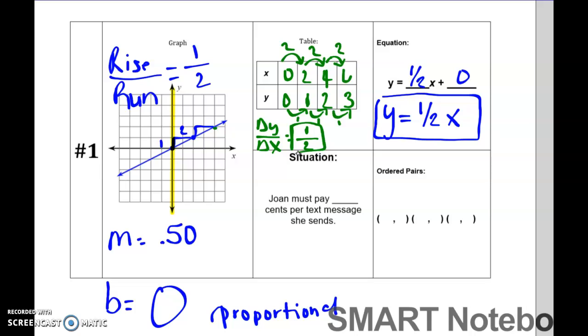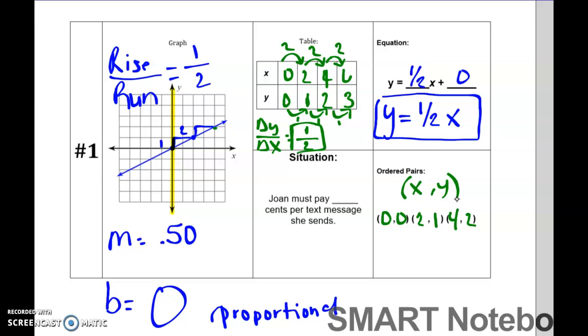Remember, I'm taking these ordered pairs. So just like I can transfer them from a graph to a table, I can just write them. So I have 0, 0, 2, 1, and 4, 2. Right? Remember your ordered pairs are x, y. Okay, and now we have our word situation.